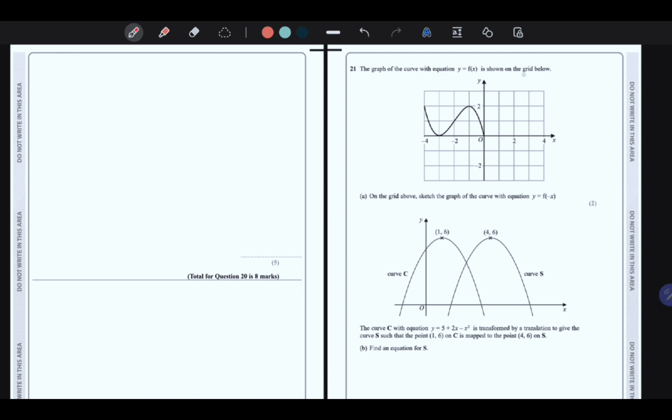Well, not all are going to become positive. The negative ones become positive. So let's say here we have negative 1 matching to 2, it means that we're going to have here 1 matching to 2. So we're basically mirroring this shape about the y-axis. So it's going to look like this.